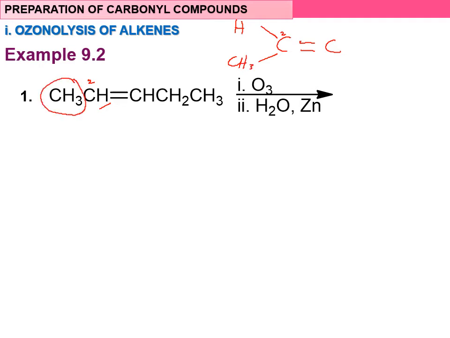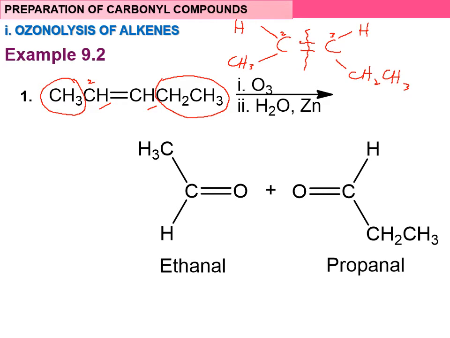The third carbon here is another alkene carbon, and you will see here this is the hydrogen atom, and then this group is an ethyl group, an alkyl group. So we are going to break this double bond, and we are going to produce an ethanal and a propanal.